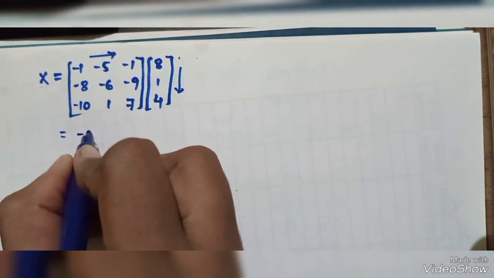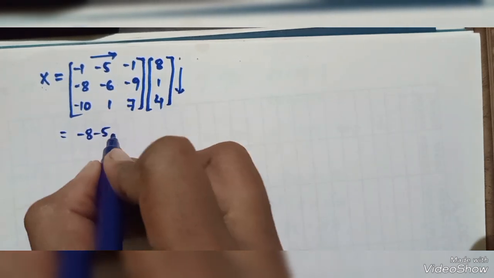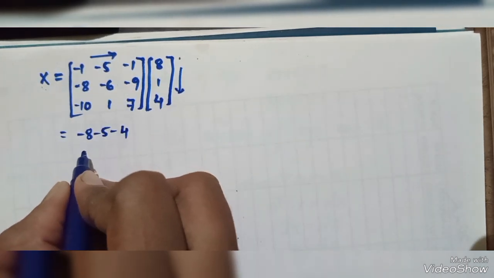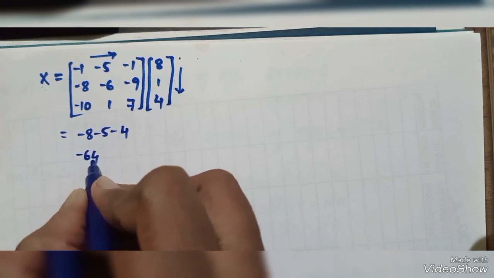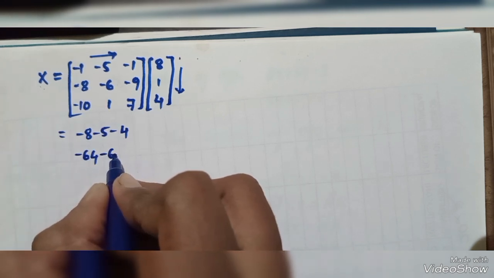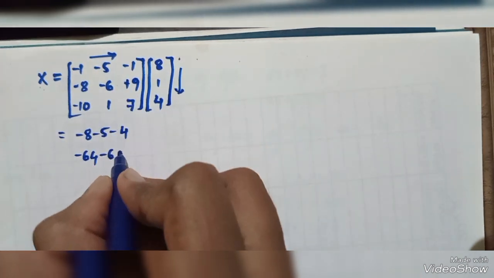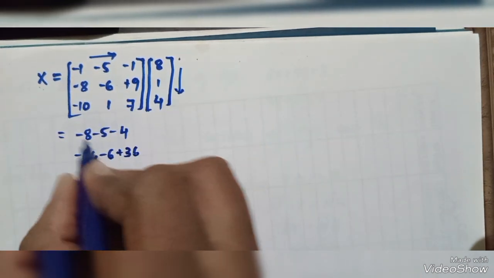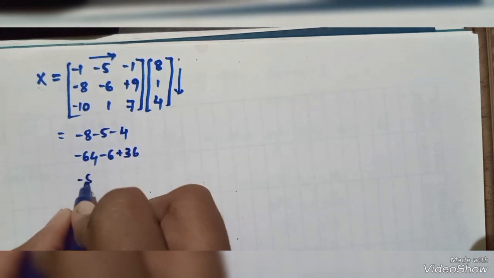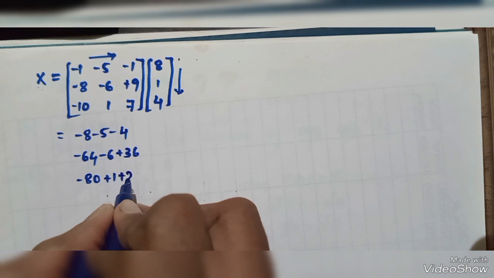Minus 1 into 8 is minus 8, minus 5 into 1 is minus 5, minus 1 into 4 is minus 4, minus 8 into 8 is minus 64, minus 6 into 1 is minus 6, 9 into 4 is 36, then minus 10 into 8 is minus 80, 1 into 1 is 1, 7 into 4 is 28.